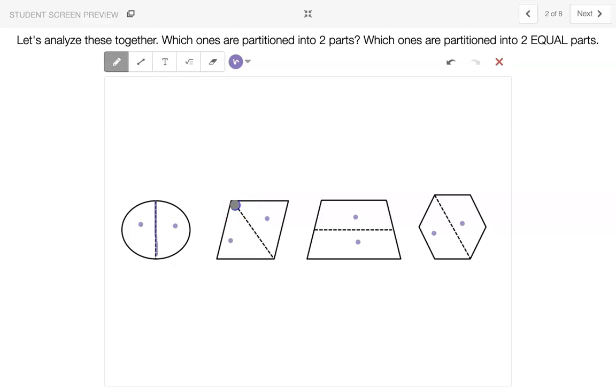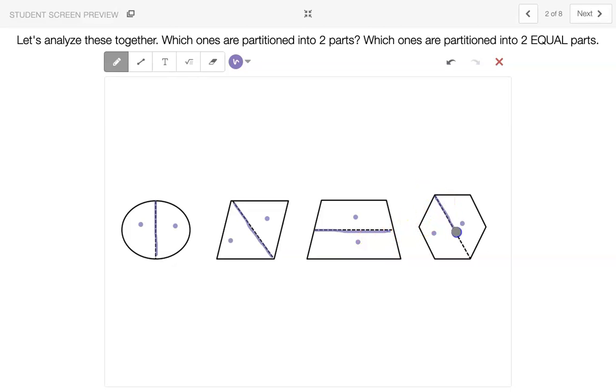And if I folded on this line, the 2 triangles would fit on each other, so I know they're 2 equal parts. But if I folded here, this part would not cover this part exactly. So although it's partitioned into 2 parts, it's not partitioned into 2 equal parts.